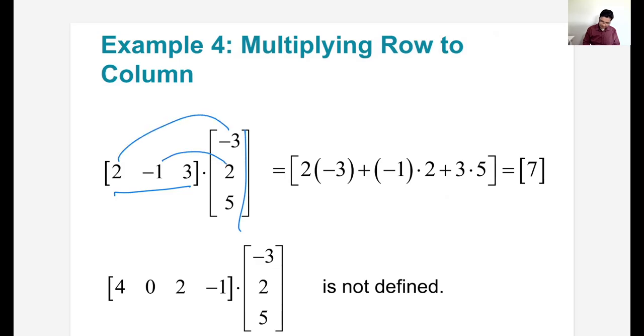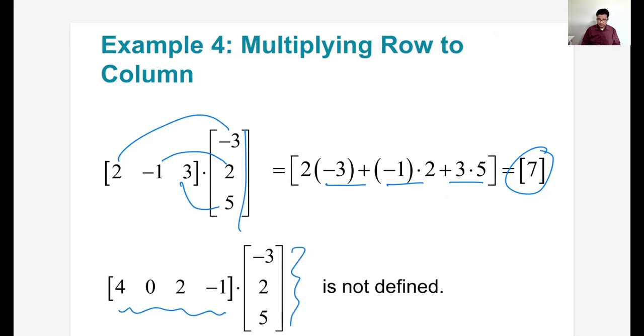You multiply -1 with 2. And you multiply 3 with 5. And take the sum of all of that. The result is 7, the product. And here there are 4 entries in the row, only 3 entries in the column. It's not defined.